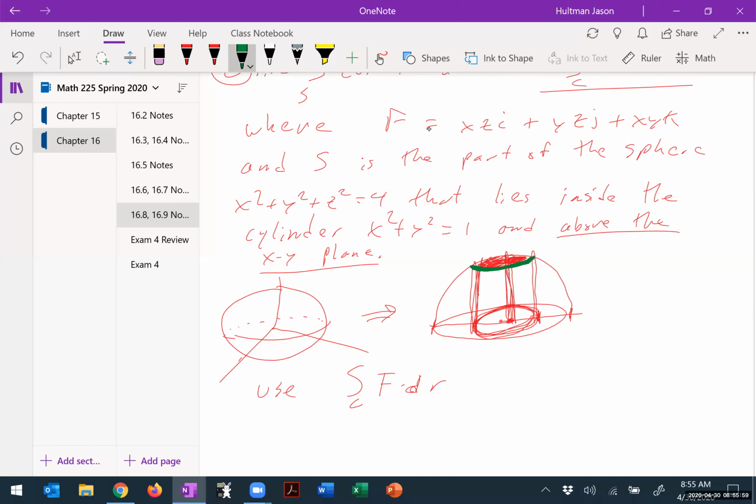It's kind of like a convex lens almost. Think of the cornea of your eye. We're going around the cornea of your eyeball.